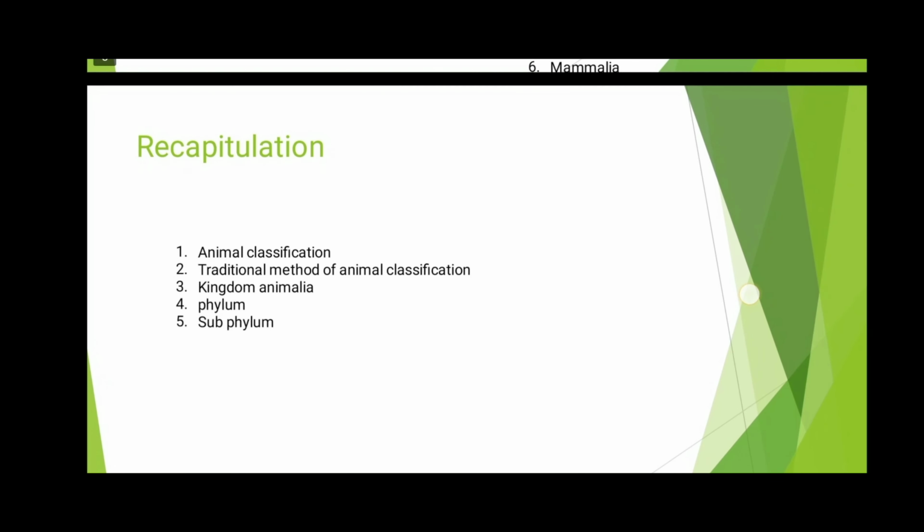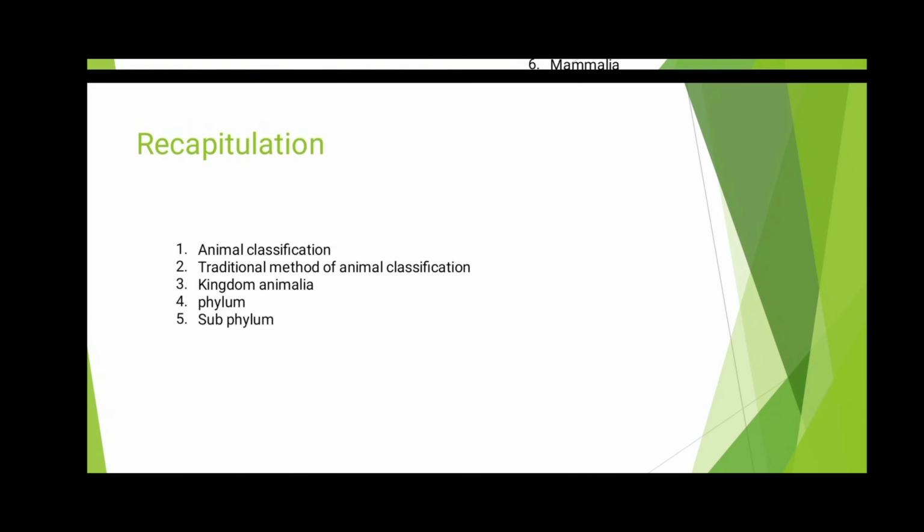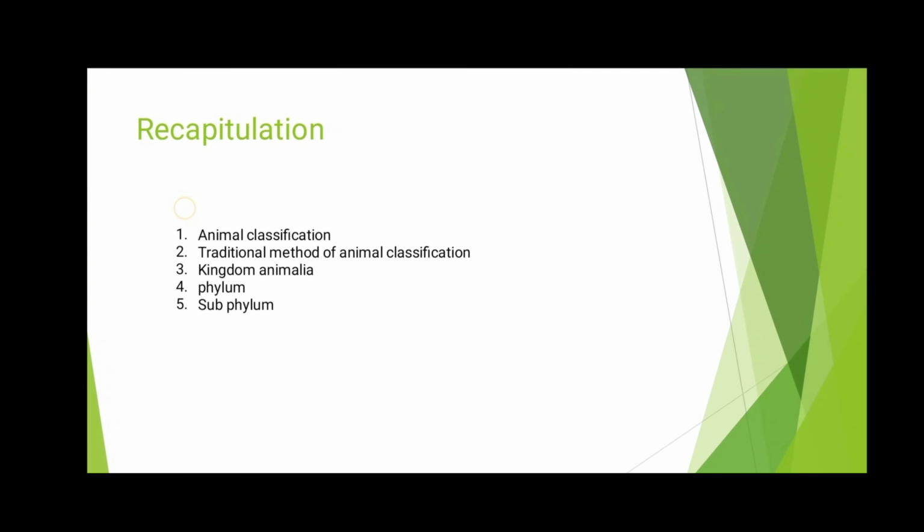So the first one is animal classification. What we have studied in animal classification is the variety of animals around us. Some animals are too small whereas some are too big. Some are terrestrial whereas some are aquatic.